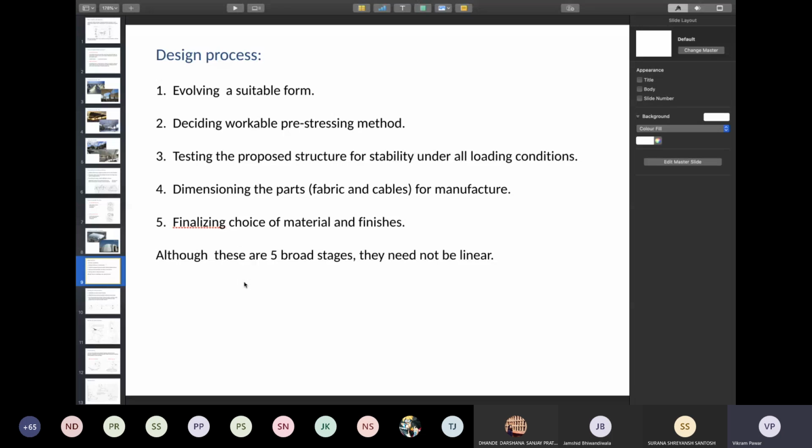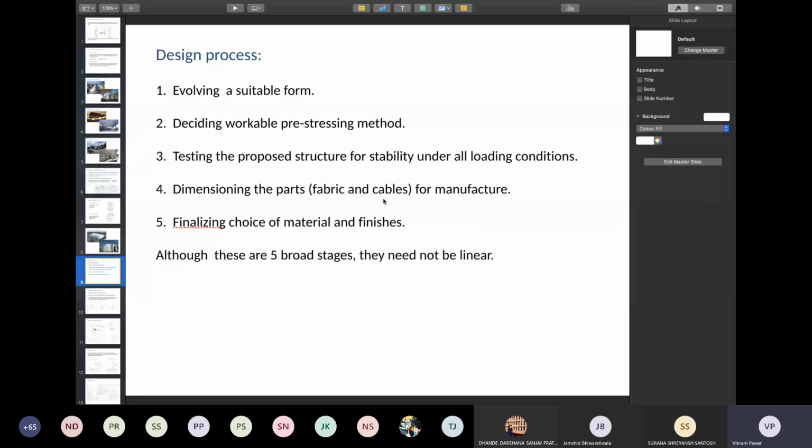Again, I repeat that these need not be linear. Sometimes somebody sponsors materials and finishes, and then you start with the choice of materials. Sometimes the manufacturer you are going to interact with has certain limitations in the cutting and welding of the fabrics.